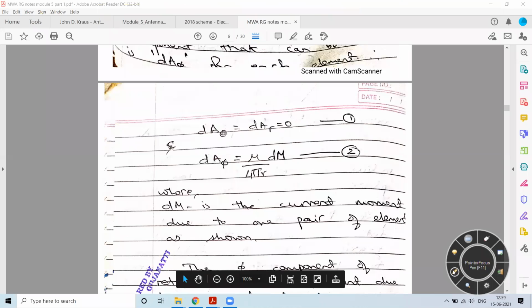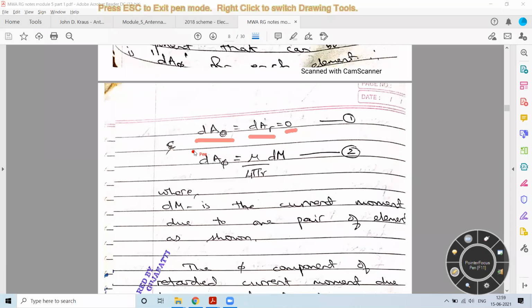So therefore, what happens is dAθ and dAr are 0. Therefore, as per the equations, we have the elemental retarded vector potential given by mu divided by 4 pi into dm.